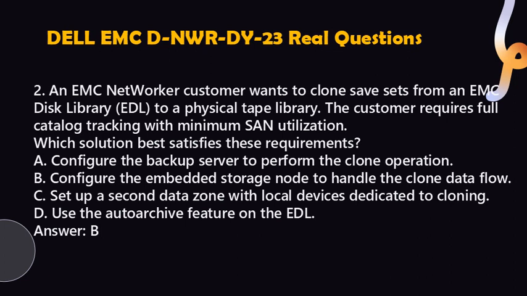A. Configure the backup server to perform the clone operation. B. Configure the embedded storage node to handle the clone data flow. C. Set up a second data zone with local devices dedicated to cloning. D. Use the auto-archive feature on the EDL. Answer: B.